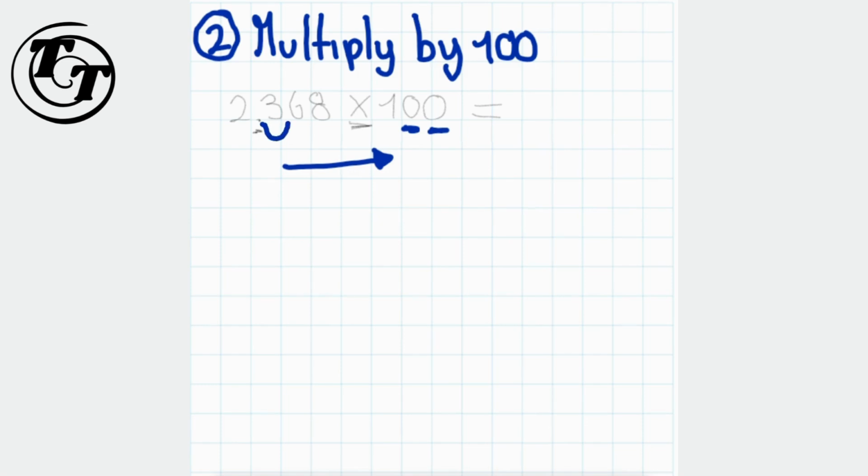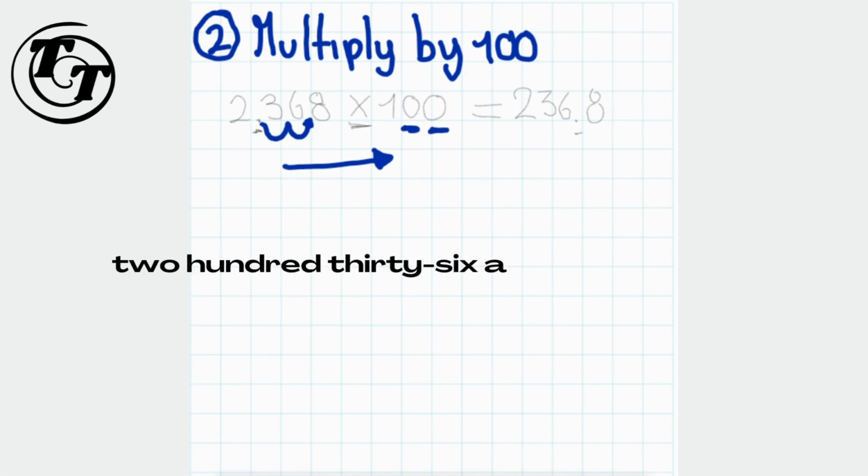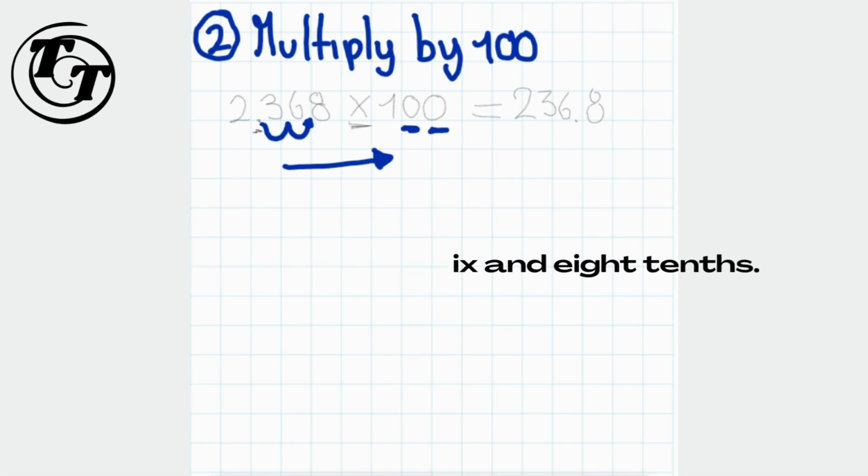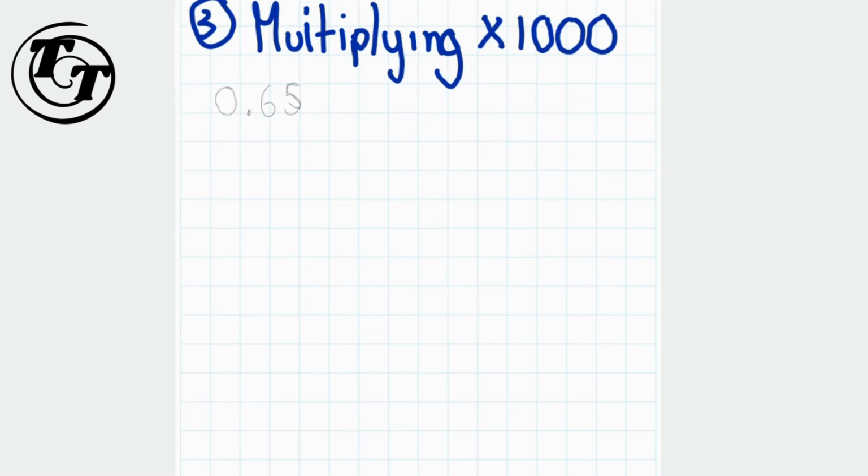And so the decimal point goes 1, 2, and lands between the 6 and the 8. So it will look like this, right? And we read 236 and 8 tenths.